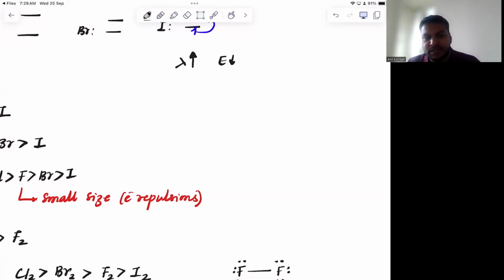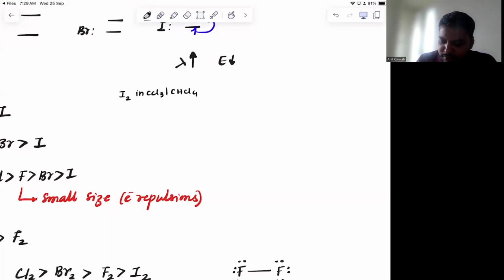Right. For example, if you take iodine in CCl4, clear? Here, this will appear as violet color. Got it?